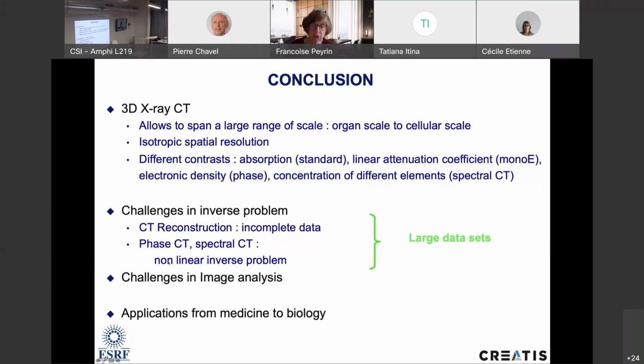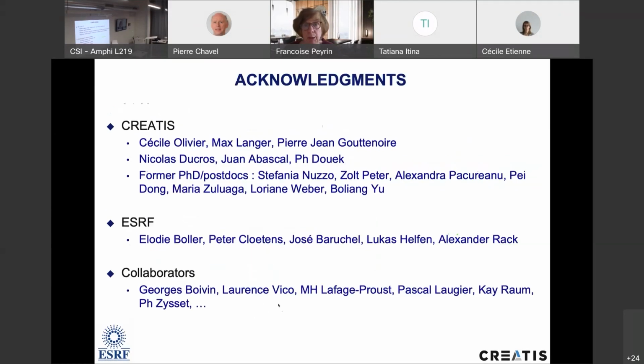But we also have challenges in image analysis, because generally when we have an image, we want to deliver some quantitative parameters to the biologists or medical doctors. So these techniques can have applications from medicine to biology and permit virtual histology, as we have seen.